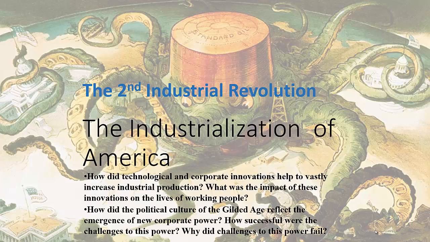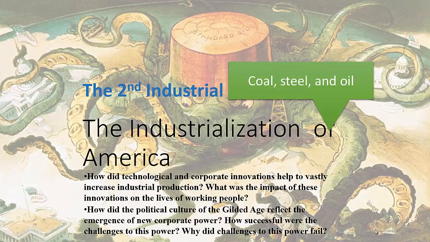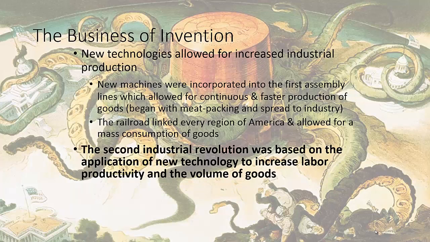So the second industrial revolution is going to be fueled by coal, steel, and oil. And if you look at the big three monopolies, these are the big three monopolies. If you think about railroads, railroads need all three of these to survive, and they are the cornerstone of the economy. The second industrial revolution, though, is really a byproduct of using industrial efficiency, increasing industrial production.